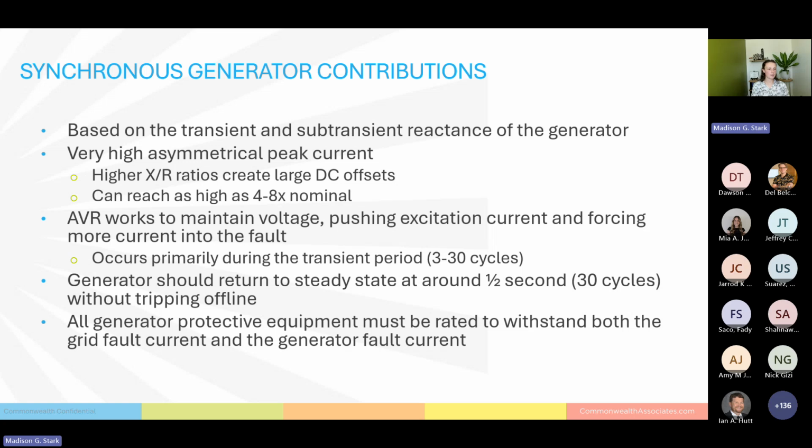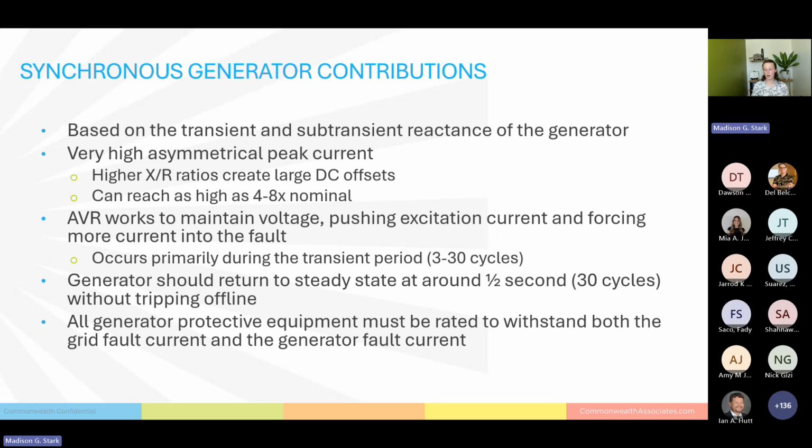It can reach up to 4 to 8 times the per unit nominal rating of the generator, which is very high. Now, after that initial push, that asymmetrical peak current instantaneous value, you have the AVR, or the automatic voltage regulator, working in the generator. What that voltage regulator is going to see is that the system voltage is dropping. So it is in turn going to push excitation current, which is how you control the output of the generator.